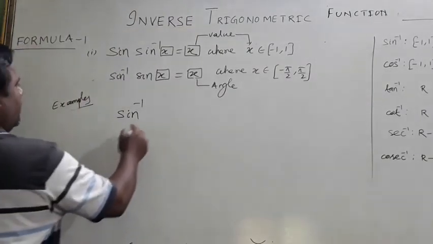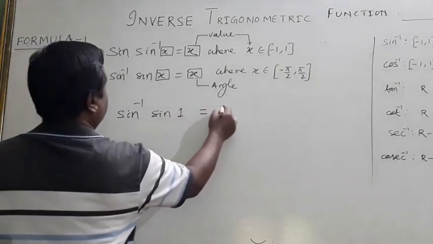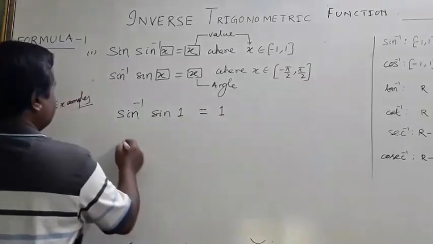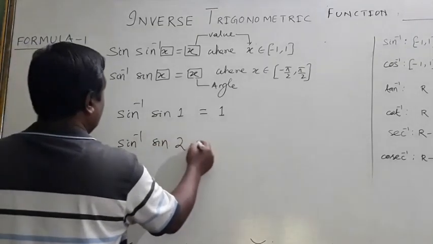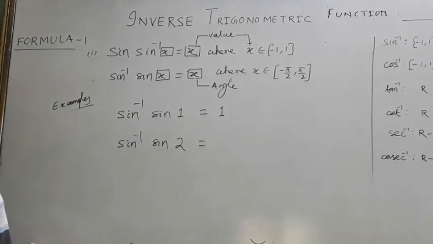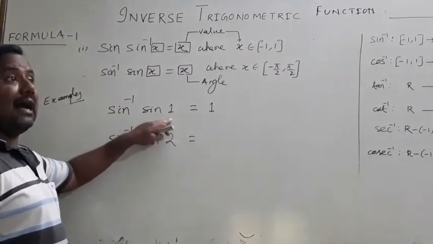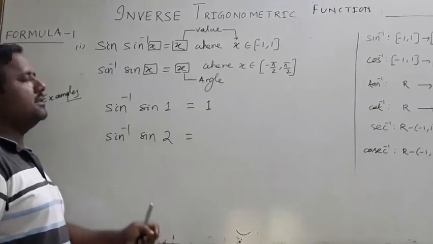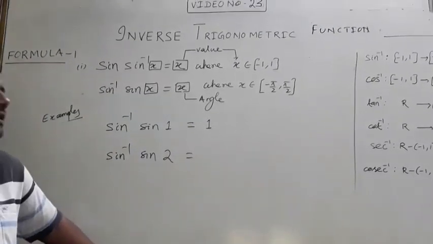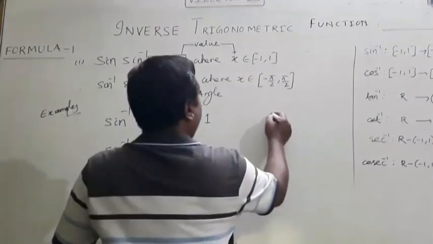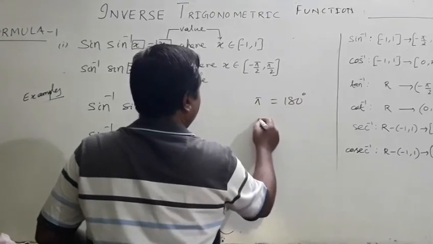These are very important. Sine inverse sine 1 is 1. But what happens when sine inverse sine 2? Look here. This 1 is the angle. 1 means, you have to remember, it is near about 57 to 58 degree. We know pi is 180 degree.